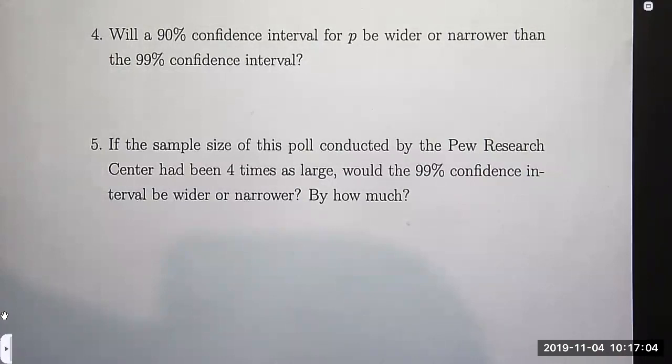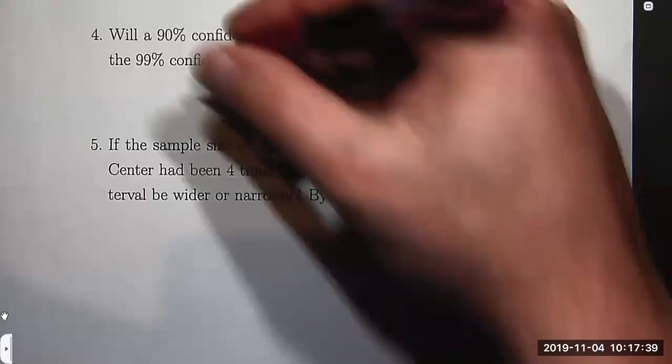Narrower. Why is that? Yeah, exactly. You're less confident with a smaller interval that you'll capture that P. And the value that will get smaller is z star. Higher confidence levels have a bigger z star, a critical value. And that is in the formula why it's a smaller interval. So narrower.